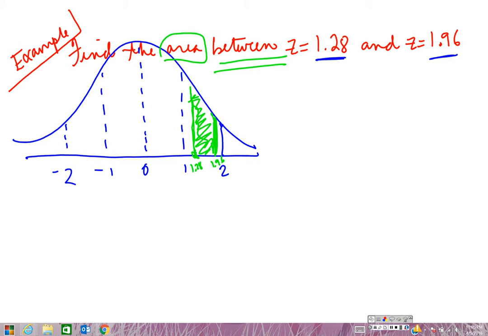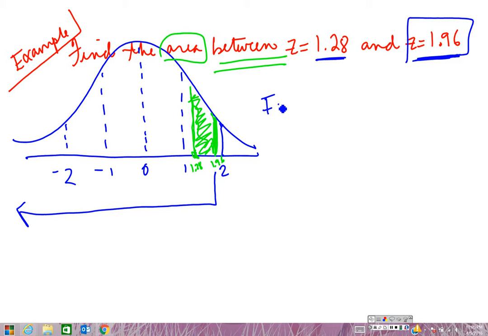Alright. Now, first thing we're going to do, I always go to the area of the higher z first, because that area would be, if we go to the table, it will tell me the area that's to the left of 1.96. So find z equals 1.96 on the table now.